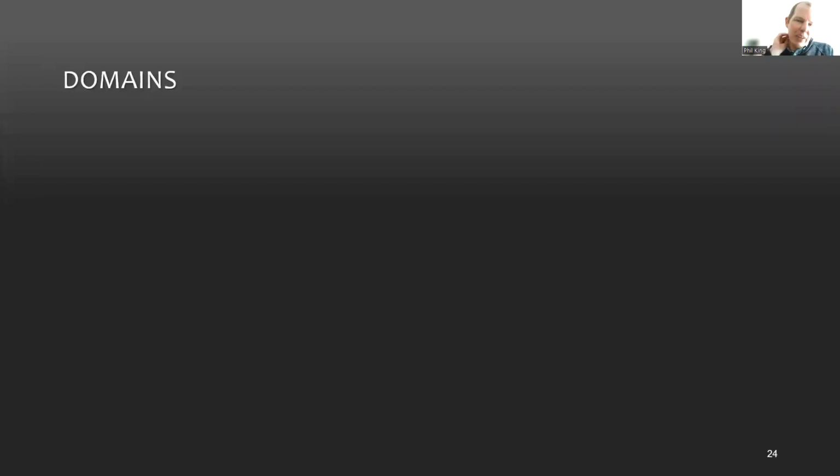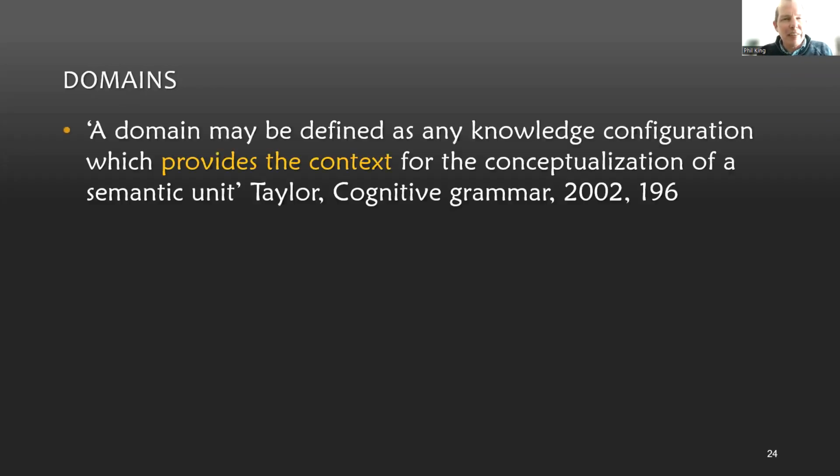That is, in order to begin thinking about why one of these senses in the schematic network might stand out more than others in a given context, we need to introduce the concept of domains. Just then we had this domain of overseas interactions, or the domain of corporate business life. This is the way that Taylor talks about domains.